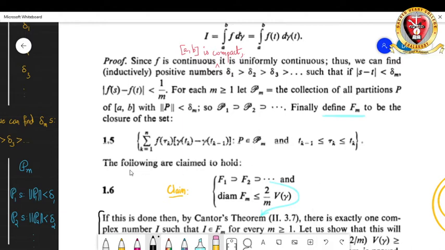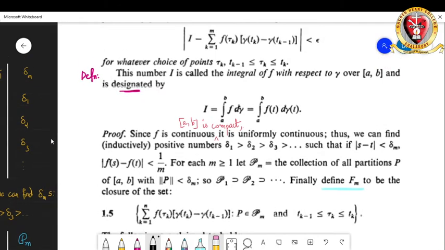Now we are going to define a set, called capital F m. This F m is defined as the closure of, which means a bar over the set, of the summation k equal to 1 to n of f of tau k into gamma of t k minus gamma of t k minus 1, where P is coming from script P m and tau k is in between t k minus 1 and t k.